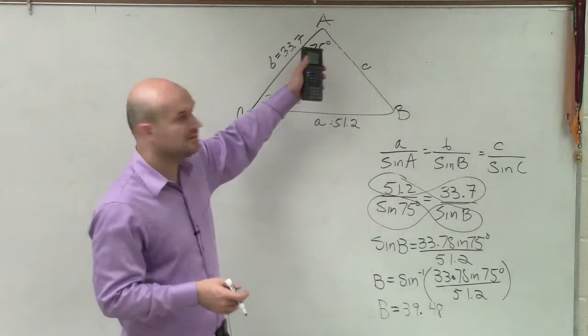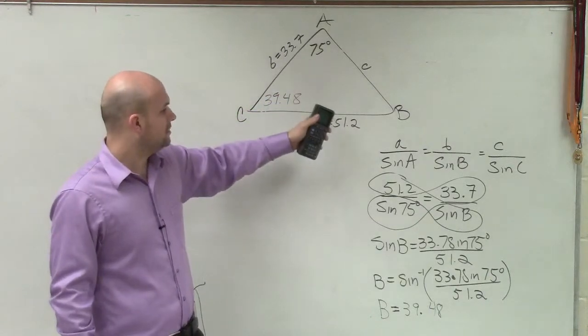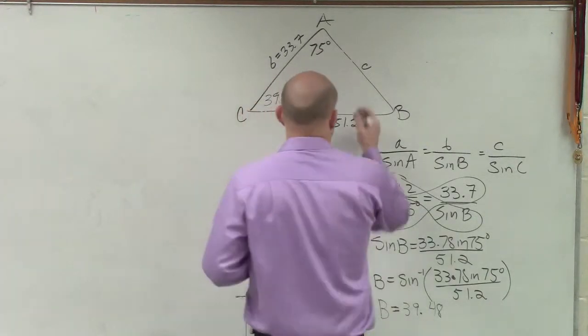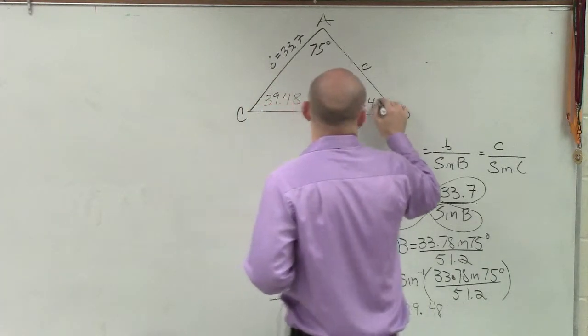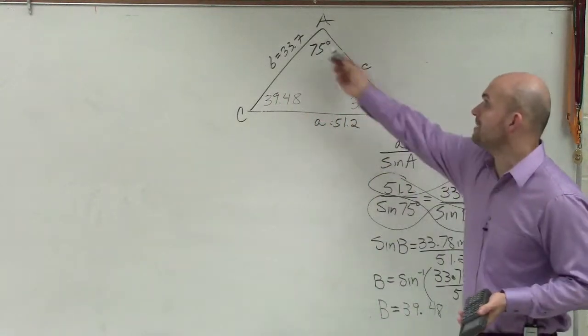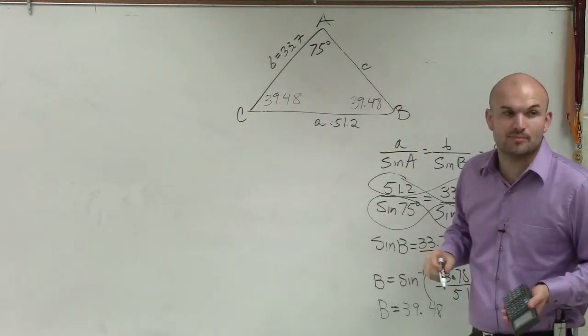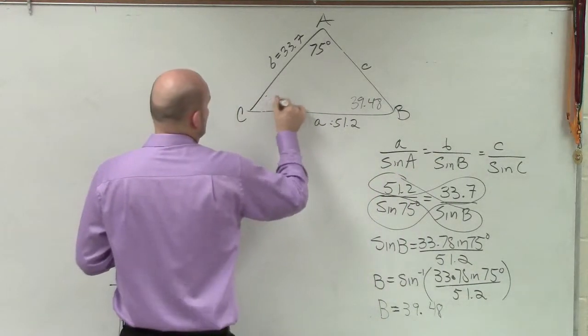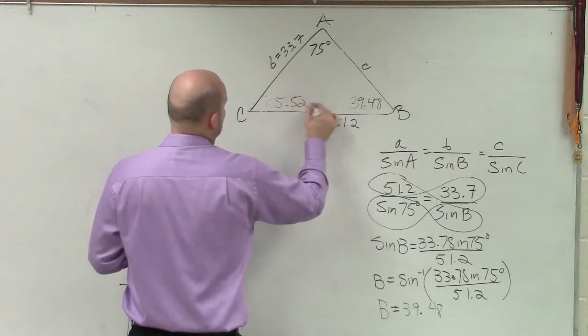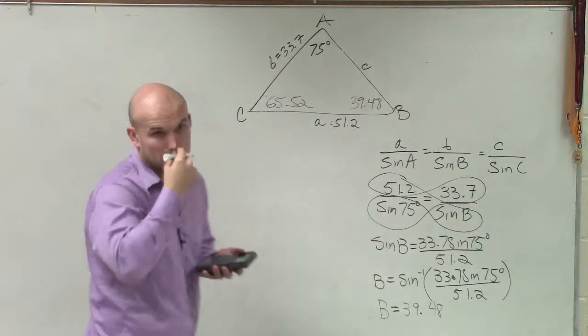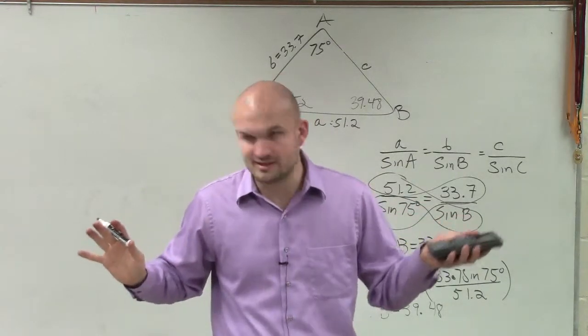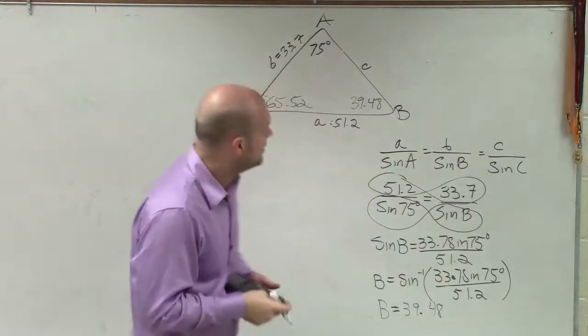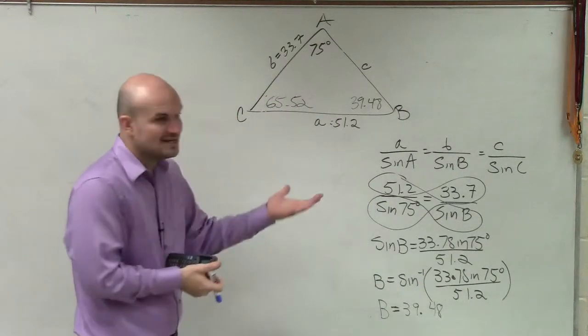Oh, B is right there. Thank you. So anyways, I did 180 minus 75 minus 39.48, and that gave me angle C, which is 65.52. Is everybody cool with that? I don't need to write the equation. Maybe we got that from the first one. All right, so now I know what C is.